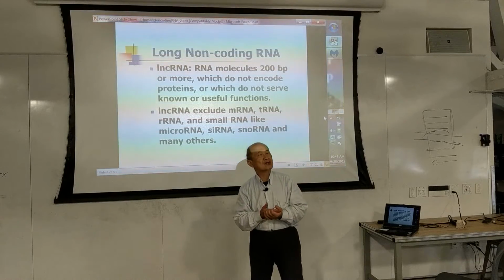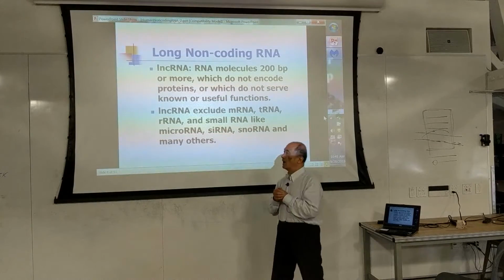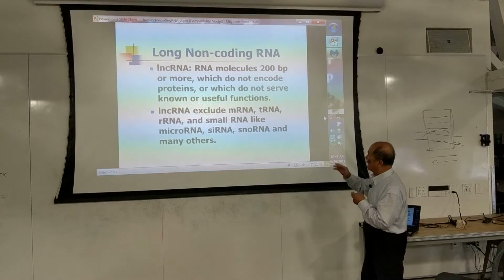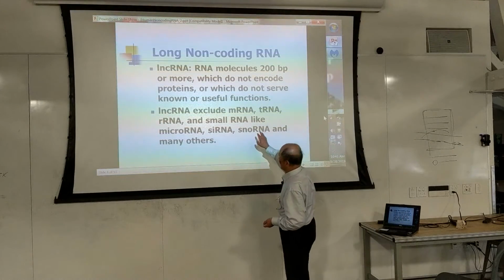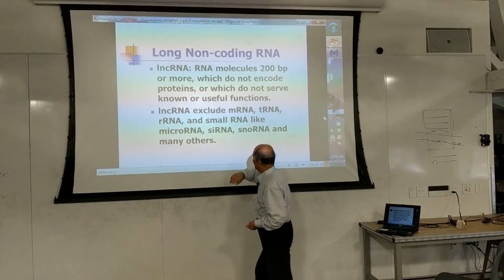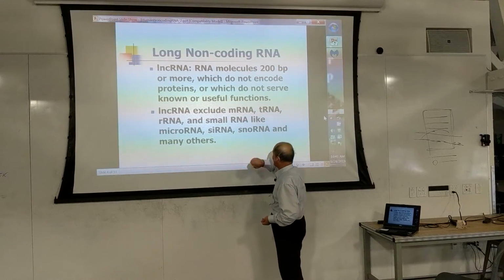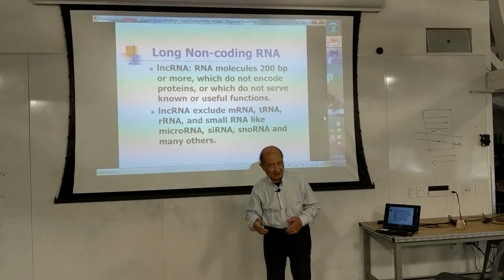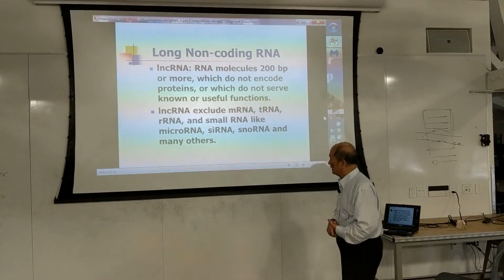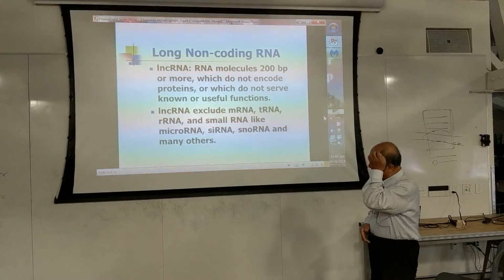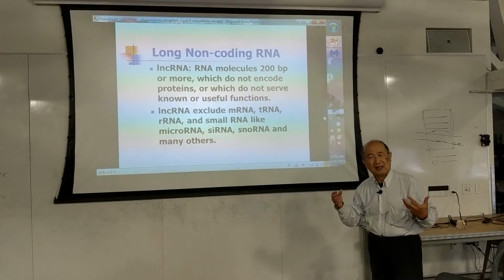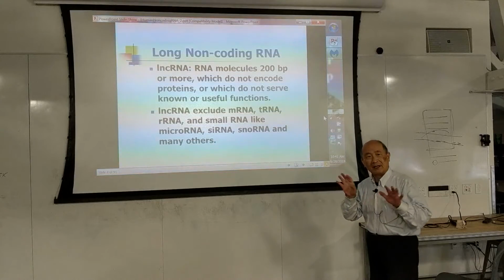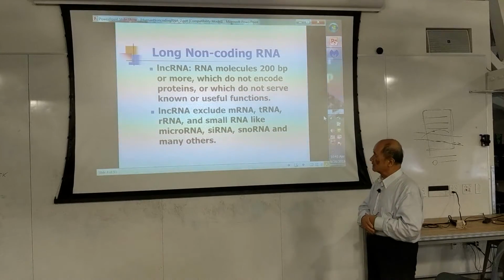messenger RNA to protein. And then there are lots of small RNAs which are called microRNA, siRNA, snRNA, and many others. And mostly we don't know what they are doing. Only for a very few have people identified them and found that they control the expression of protein in one way or the other.